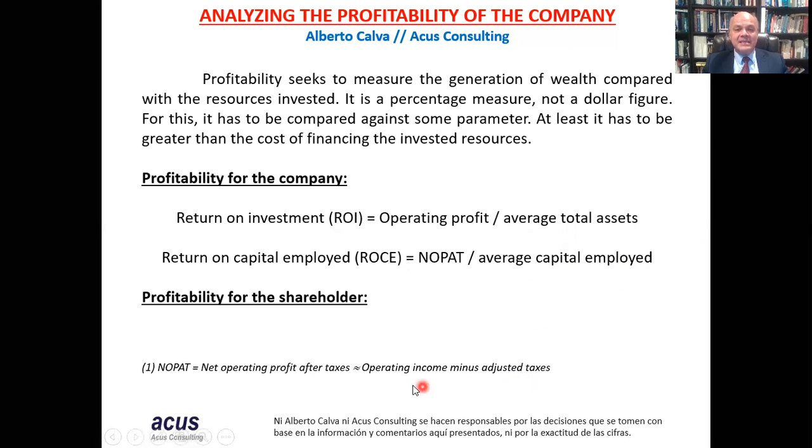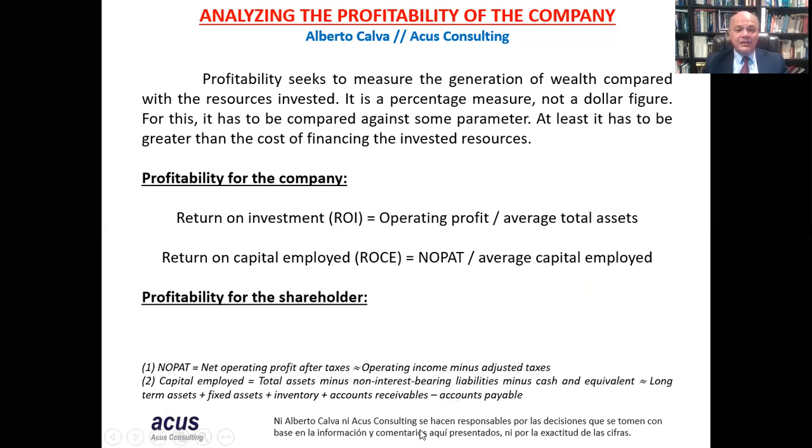Adjusted taxes means that you get the operating income and you reduce the tax that you should be paying, considering that you were paying the same income tax rate that the company has been paying in the last year. And therefore, that way you'll have an idea of what is the operating income after having paid the income tax for that income.